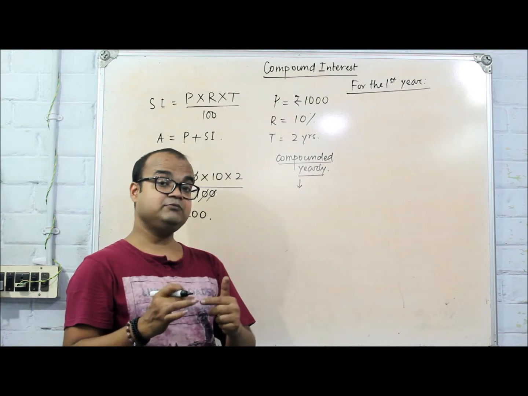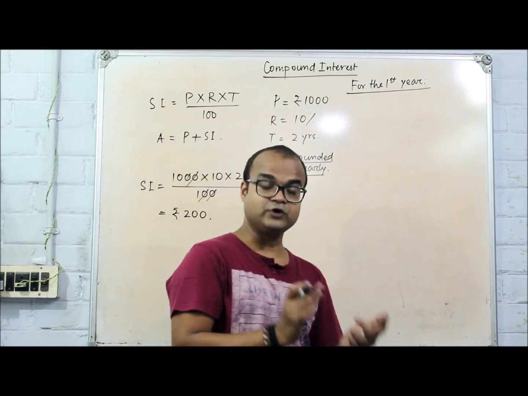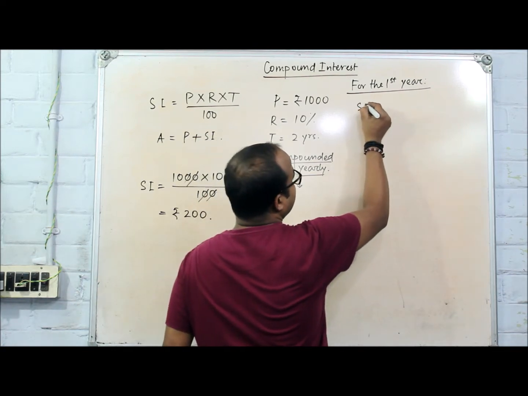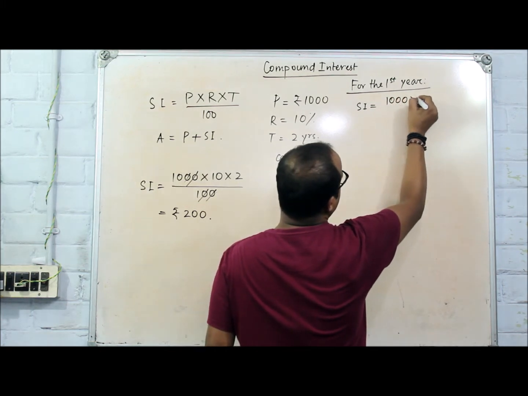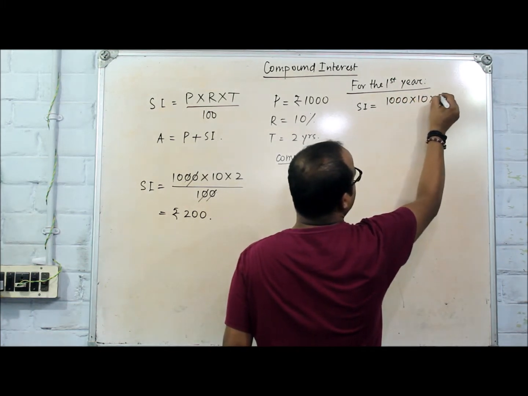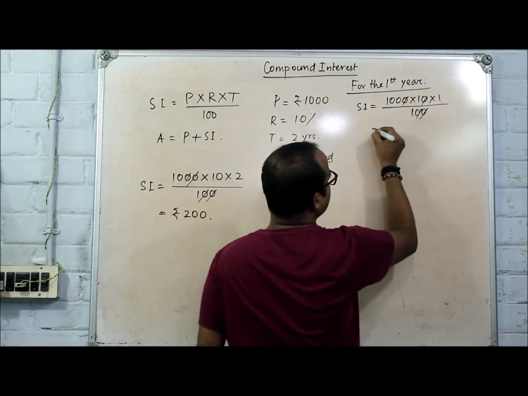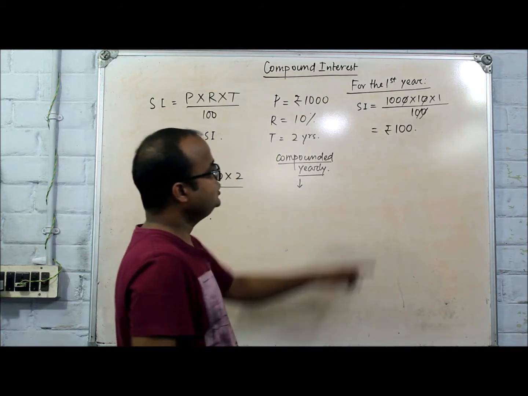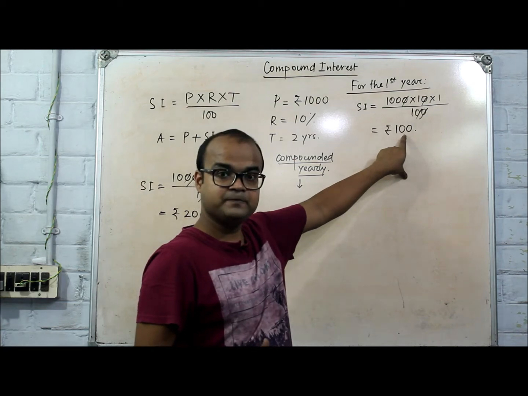So each time your time will be 1, or as per the information provided in the sum. So SI is equal to 1000 into 10 into 1 by 100. So at the end of the first year, you earn an interest of rupees 100.